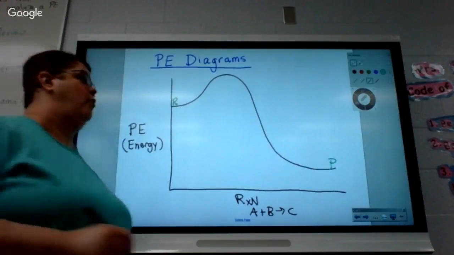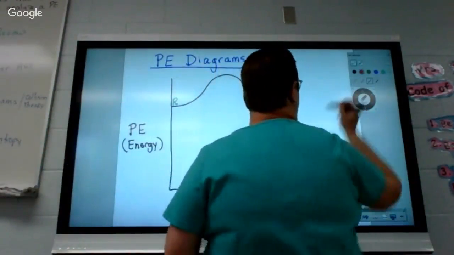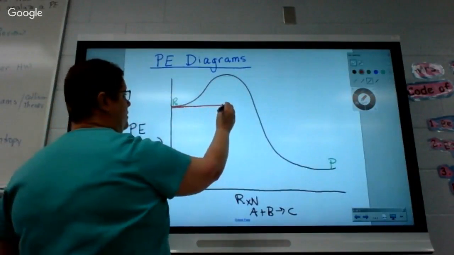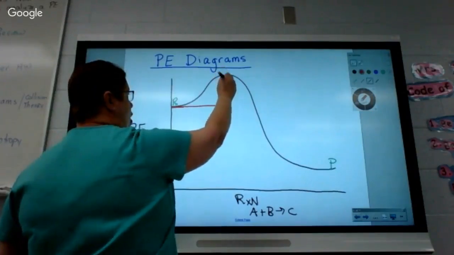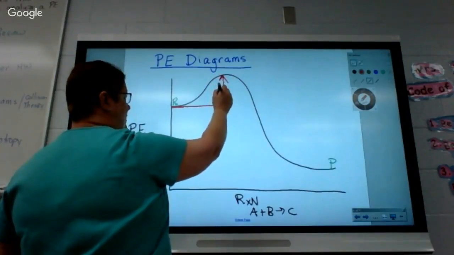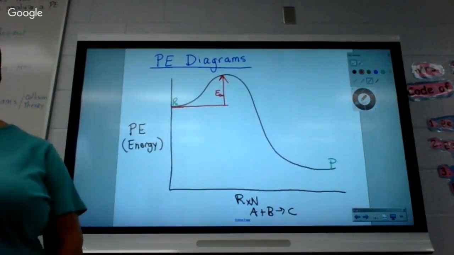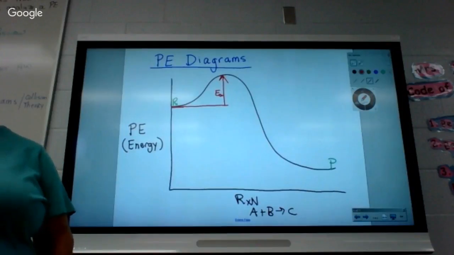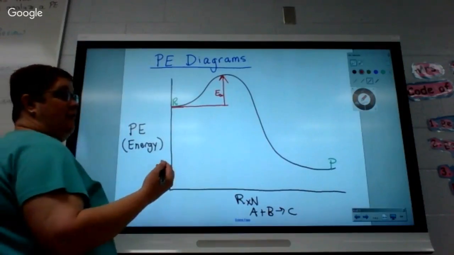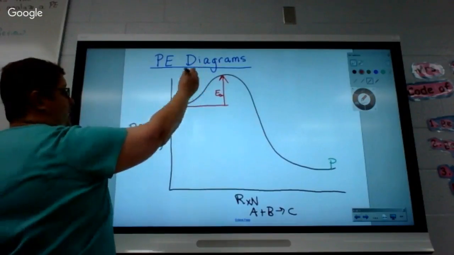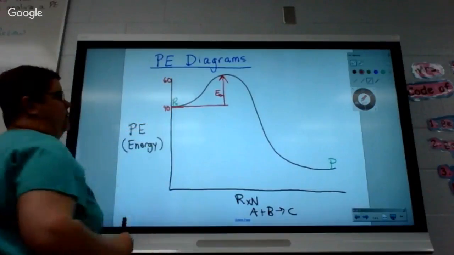the end. So when we want to find activation energy, all right, activation energy is from the reactants to the top of the curve. That is activation energy. Now, the reason I drew that line there is right now we're just labeling. When we practice this in a minute, the graphs I'm going to give you have numbers on them. Okay? So let's just say for a moment that this was at 40 and this was at 60.